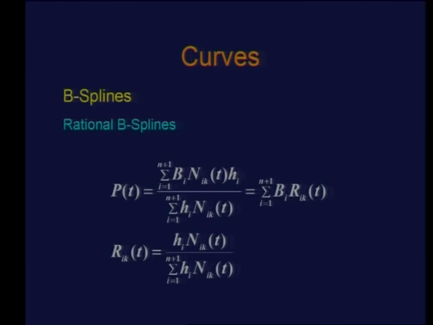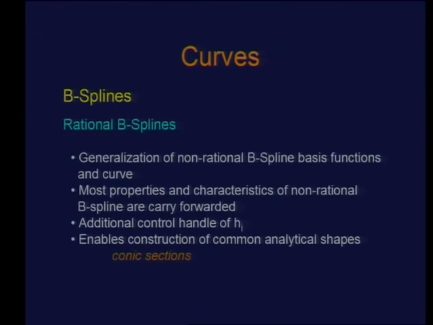Okay. Now, if we look at the formulation of these rational B splines, what we observe is that this is a generalization of the non-rational B spline basis functions and the curve, because we can arrive at the non-rational form of the B splines if I substitute all h i's to be unity, right.